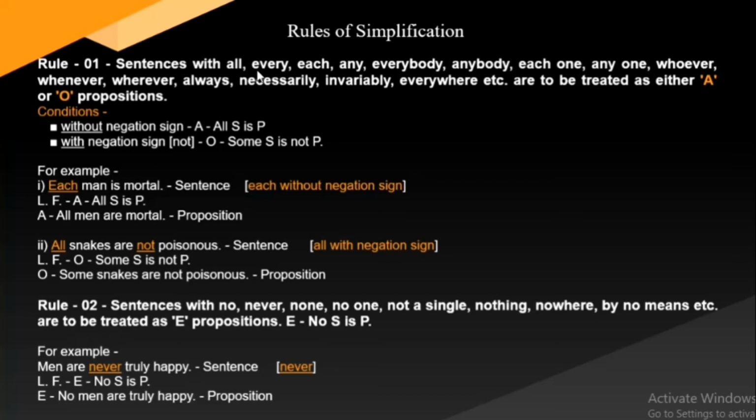Sentences with all, every, each, any, everybody, anybody, each one, anyone, whoever, whenever, wherever, always, necessarily, invariably, everywhere, etc. are to be treated as either A or O propositions. A sentence with a word of rule 1 is to be treated as either A or O proposition.